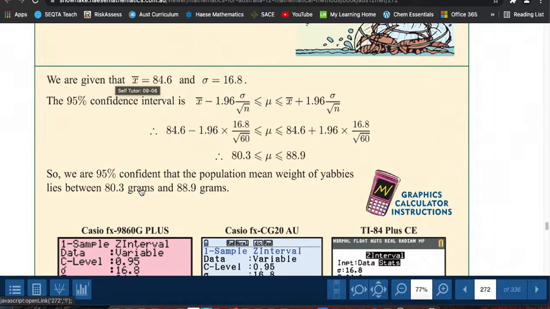If the real mean was, say, 90, and we just happened to pick some smaller ones in there, the chances of us getting the mean out of 60 as being 84.6 is very, very low. Okay, that we would expect it to be somewhere within this space. Okay, so we're giving an interval. We're not saying what the population mean is. We're saying the population mean is probably between those two parts.